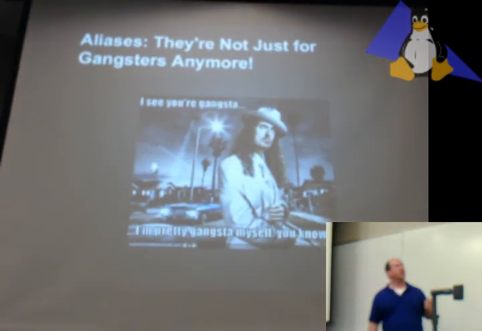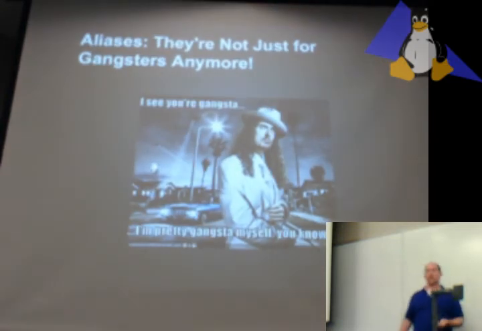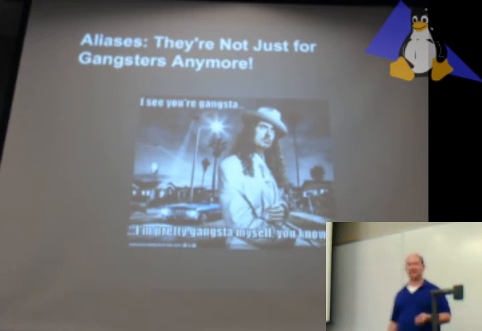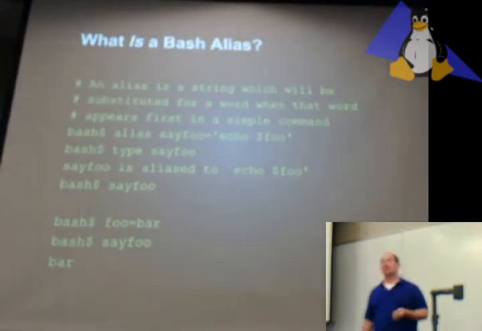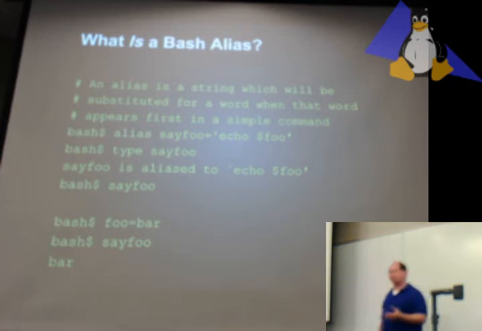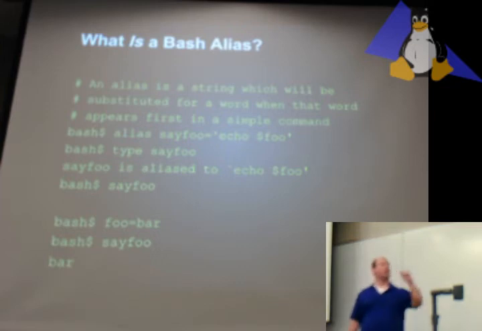So what do I do if I want to be able to execute this with a lot less typing every single time? Aliases is the first answer to that question. So what is exactly a bash alias? An alias is essentially a string that is substituted for another string if it appears as the beginning of a simple command. So our example here is sayfoo, all right?